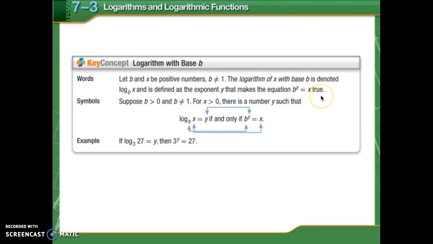That's in words, but in symbols, log base b of x equals y is true if and only if b to the y power equals x.